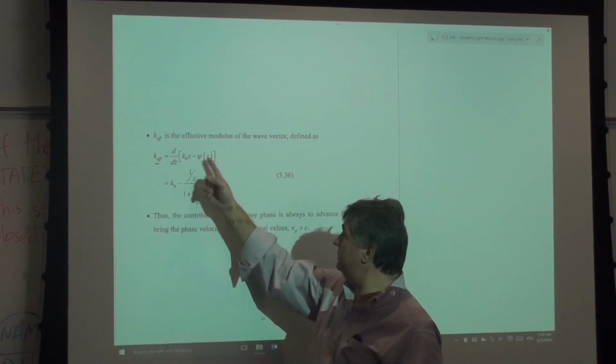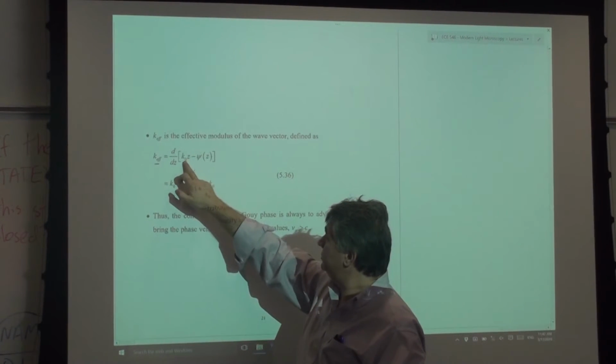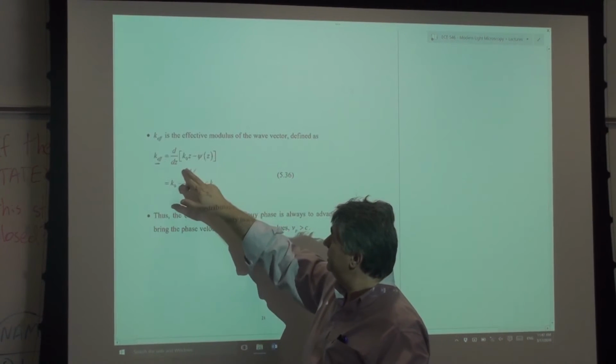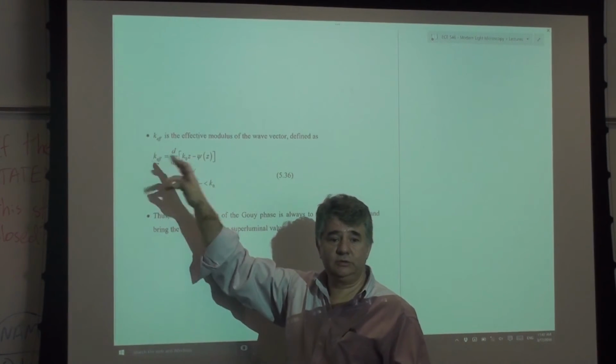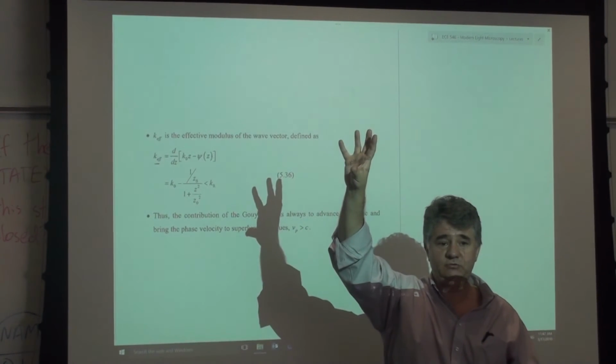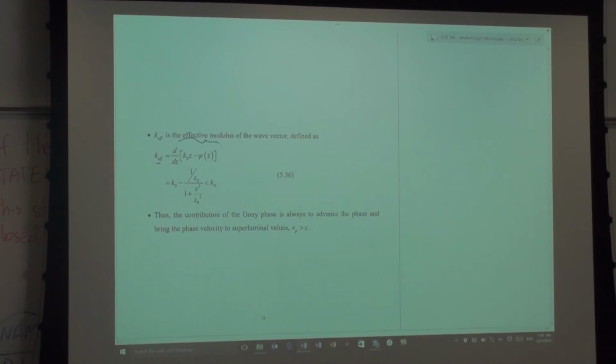So we had the plane wave and we had the Gouy phase. We don't look at the Gaussian part. So the plane wave and the Gouy phase. If you take the derivative of that, this will give you an effective wave number. It tells you how fast the phase changes with respect to z, right? So this is the phase of the Gaussian beam.